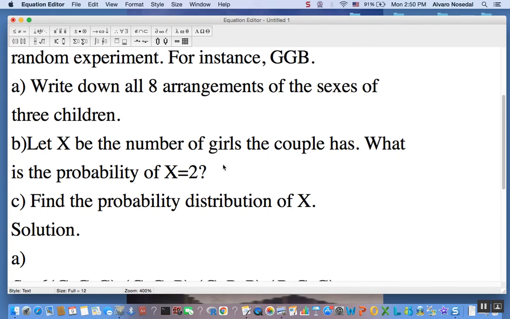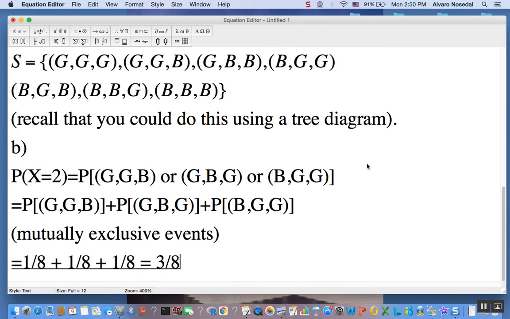Okay? Now, here comes the second concept that we said from the start that we were going to be discussing, the concept of a probability distribution. Okay, so what's a probability distribution?